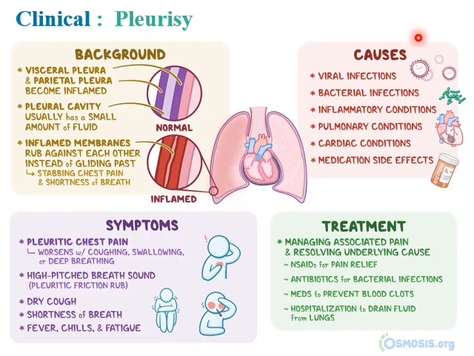Pleurisy is inflammation of the pleura and often results from pneumonia. An inflamed pleura becomes very rough, resulting in friction and stabbing pain with each breath. The pleura may produce excessive amounts of fluid, which may exert pressure on the lungs and hinder normal breathing.